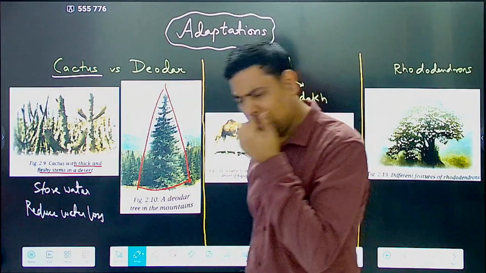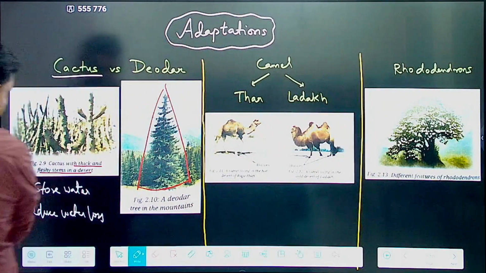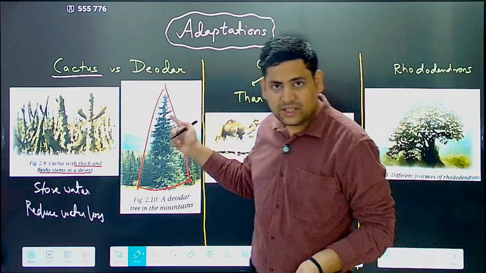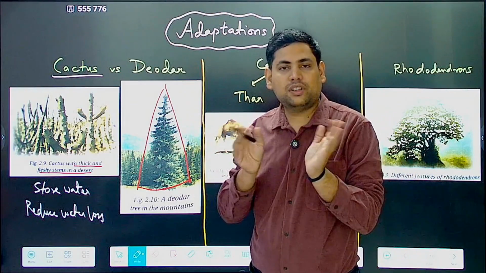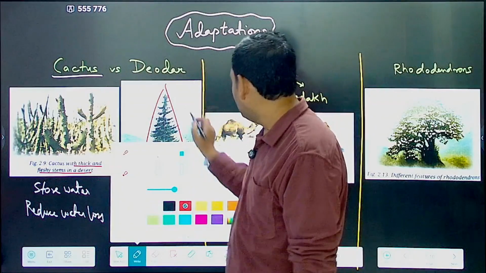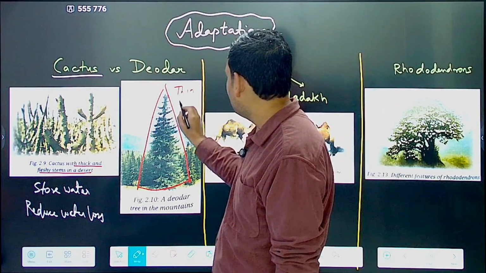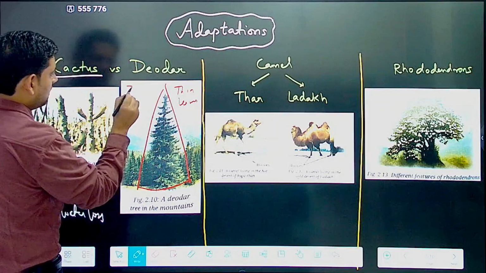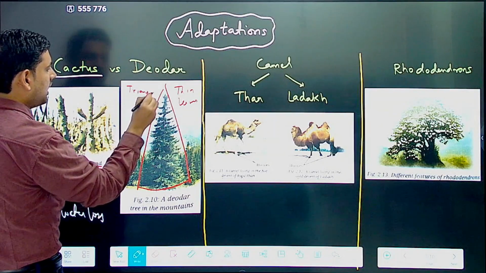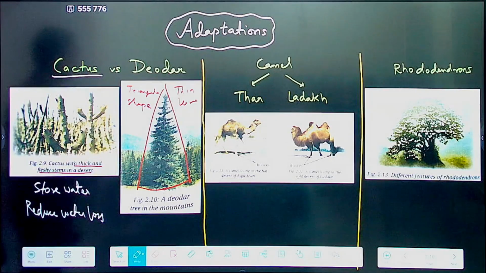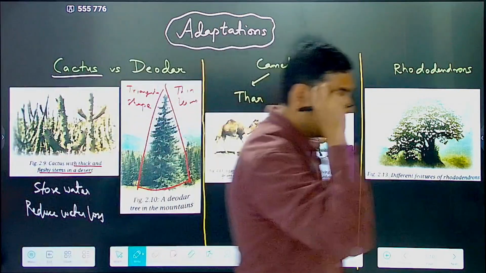So this is deodar. That is why the leaves also are not that wide for deodar. They are very thin. So it has thin leaves and this triangular shape. Understood?